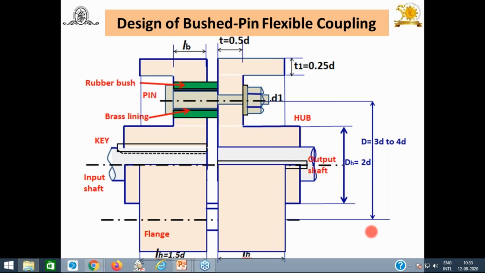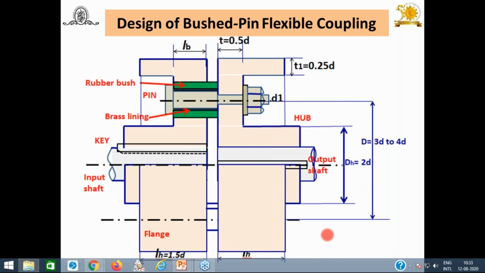First of all, you have to construct it. I have taken this diagram. It's constructed by me, but I referred to V.B. Bhandari's book for the same. You can refer to it also, no problem. Don't worry about proportion; you should just know the nomenclature: where is the thickness of the flange, where is the thickness of the protective part, the diameter of the hub DH, then the diameter of the PCD.